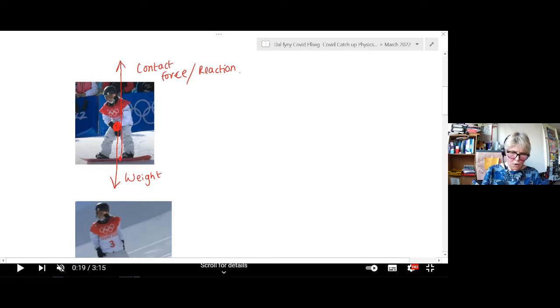Now, because he's just standing still, we say the forces on him are balanced, so there's no change in motion, so there's no resultant force acting on him. Yes, there are 2 forces, but they're equal and opposite to one another, so the weight is equal to the contact force or the reaction force.